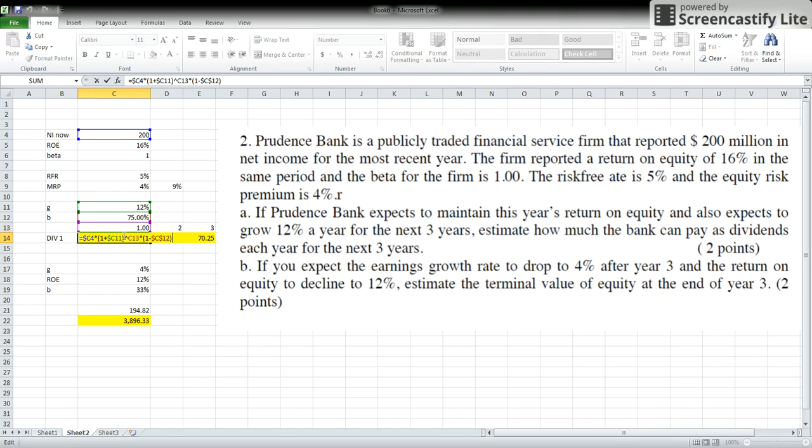We are trying to calculate the FCFE for year 1, multiplied by 1 minus the 75% reinvestment rate. So a lot of calculations into just this one cell, but again, I hope it is understandable. So you're calculating next year's net income expected, and you're simply deducting the 75% reinvestment from it, which leaves you with a free cash flow to equity of 56.